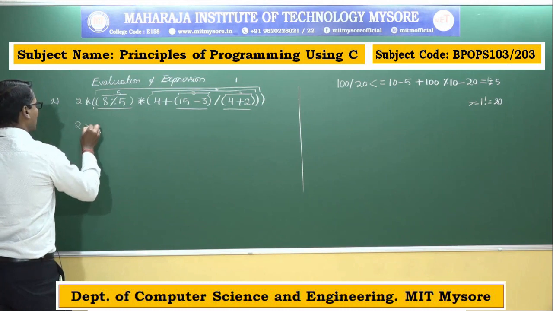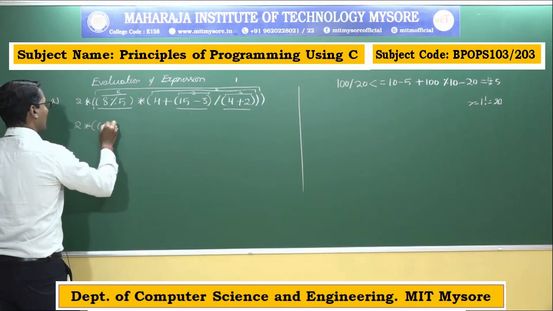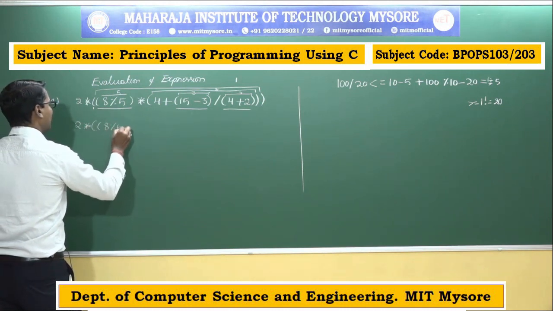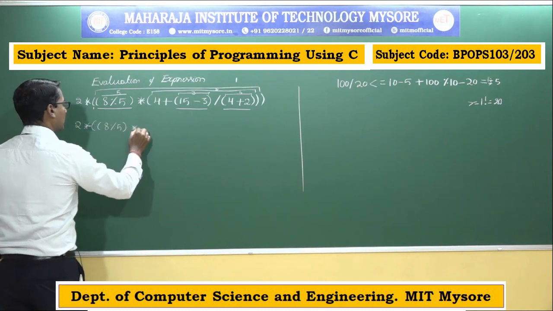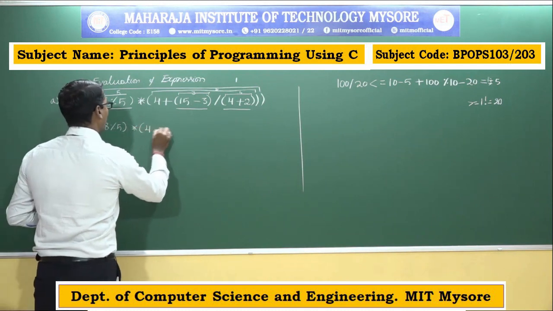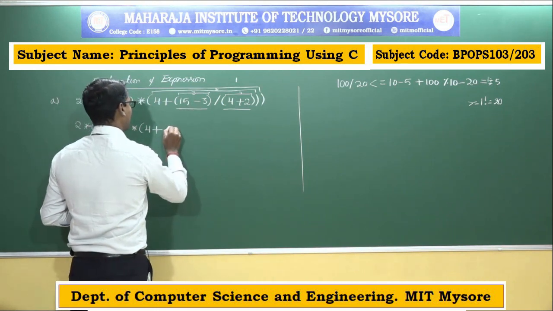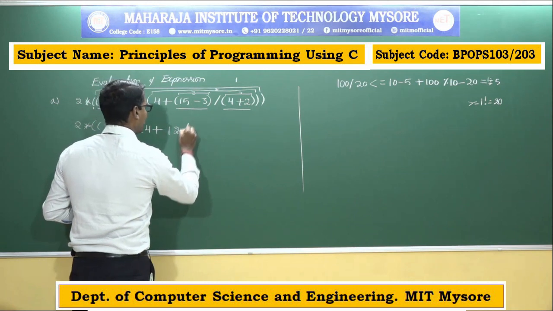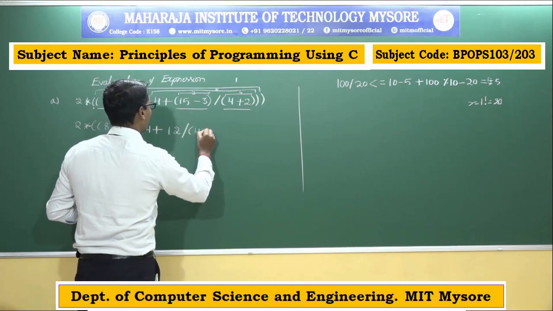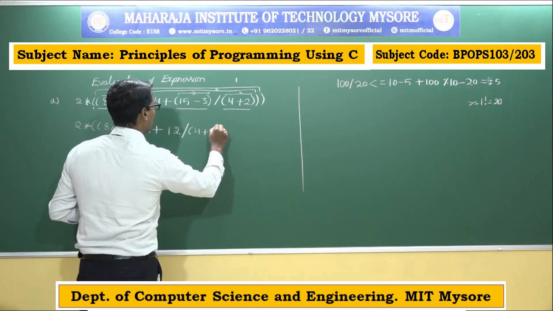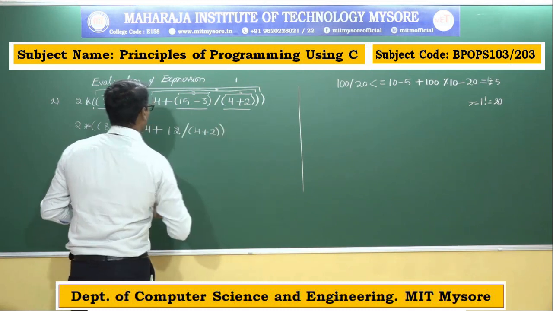So, 2 into 8 modulus 5 into 4 plus 15 minus 3, that is 12 divided by 4 plus 2, then one more bracket.